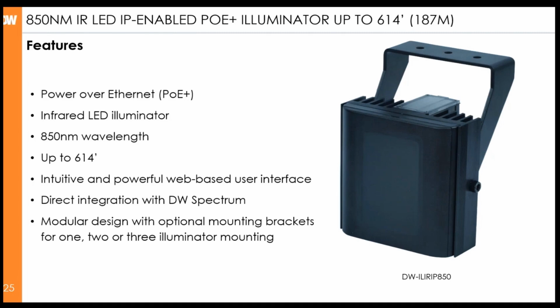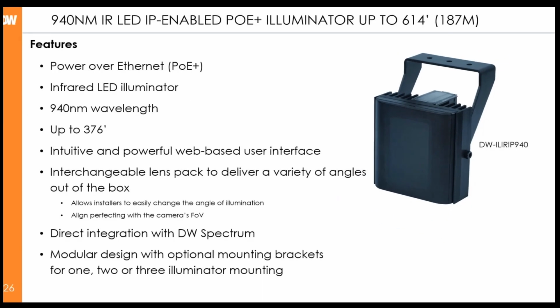Modular design, and we've got a bunch of mounting brackets for these also, so you can mount 1, 2, or 3 illuminators and create an array of light doing different things depending on how you want to set it up. Then we have the 940 nanometer, which is in the invisible light spectrum, so they have a little less throw, but the same web user interface. In all of these, they come with an interchangeable lens pack, which allows you to set the angle of how much the light is going to spread out.